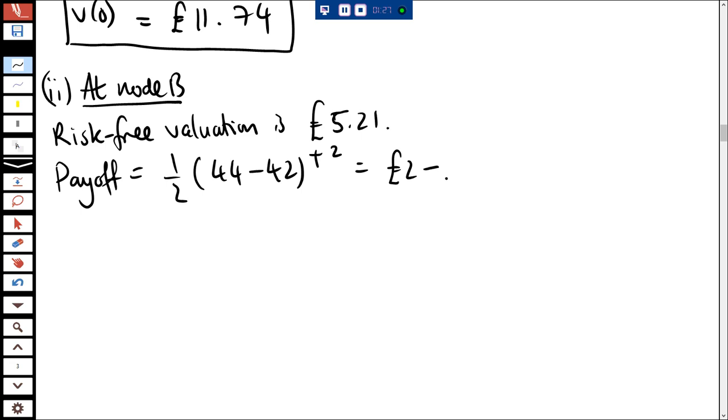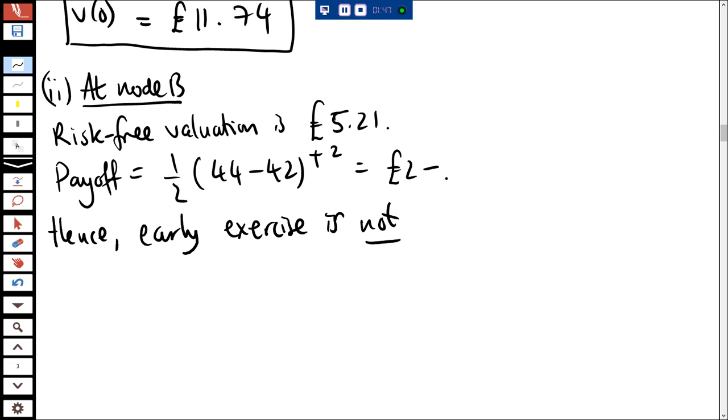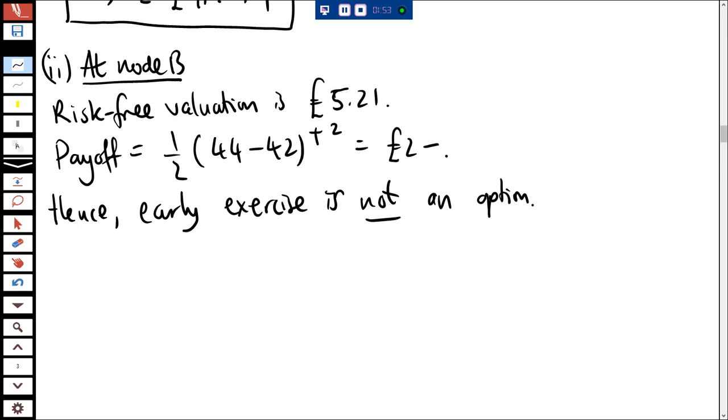So at node B, we have a value of £5 and the payoff is £2. So it makes sense not to exercise. So early exercise is not an option. You're not going to collect £2 for something that's worth £5.21.